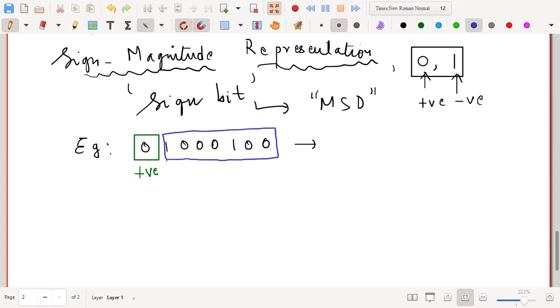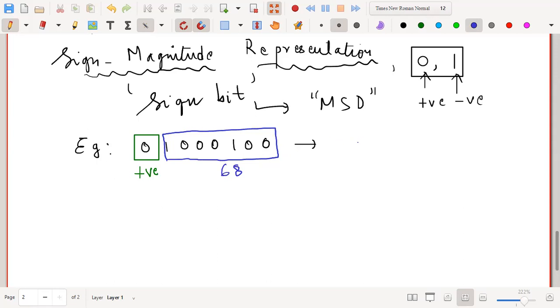Now what is the decimal equivalent of this? You apply the same technique we applied before: keep multiplying the digits with their respective assigned weights. You will find that the magnitude in the blue box is actually 68. You guys can just check it.